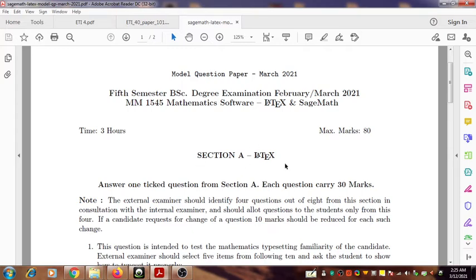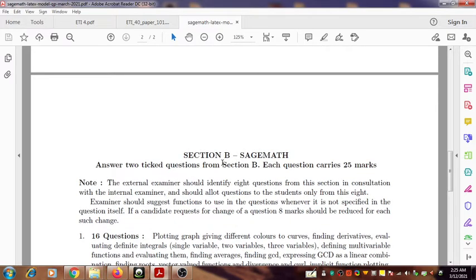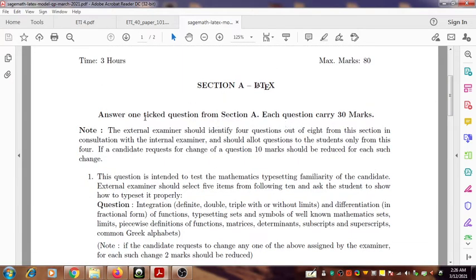The first section will contain questions selected from LaTeX, and the second section will contain questions from SageMath. In the first section, you have to answer one selected question. Each question in this section carries 30 marks.